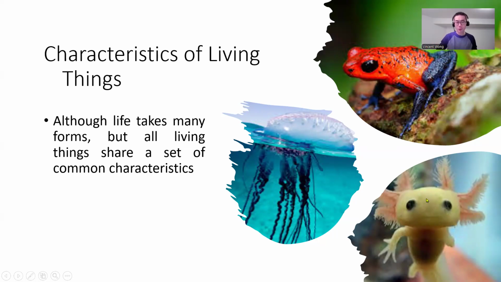They look pretty cute. There is a poison dart frog right here, and here is a kind of jellyfish. They look very different, and yet they share a set of common characteristics that allows us to definitively say that they are living things.